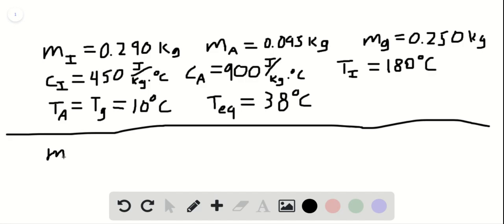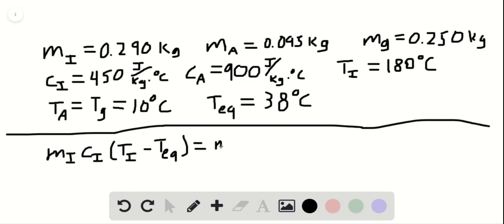So M sub I times C sub I, which is the heat lost by the iron, is the iron temperature minus the temperature in equilibrium. And this must be equal to the heat gained by the glycerin and aluminum.